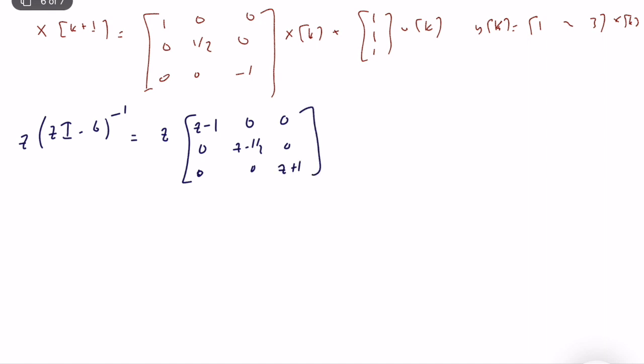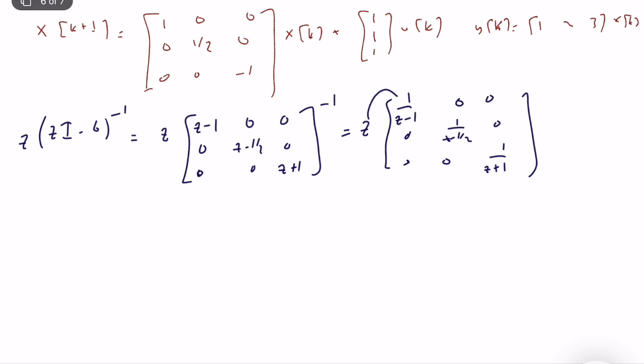I think it should be correct. Now take the inverse. Taking the inverse of a diagonal matrix is super easy. It's equal to [1/(z minus 1), 0, 0; 0, 1/(z minus 1/2), 0; 0, 0, 1/(z plus 1)]. So I add z here.